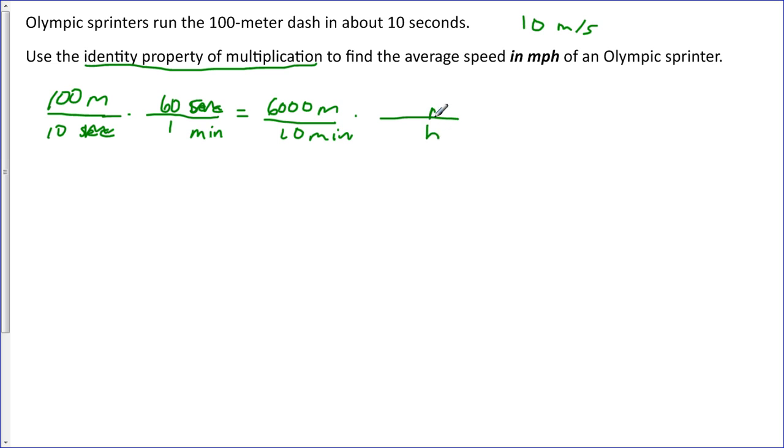So I need minutes in the numerator to cancel with the minutes in the denominator. I'm going to use hours in the denominator, and there are 60 minutes in 1 hour. That will cancel out the minutes down here. And I got 60 times 6,000. That's 36 with 4 zeros. 1, 2, 3, 4.